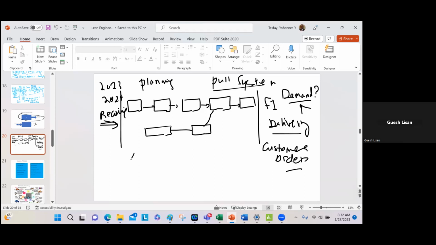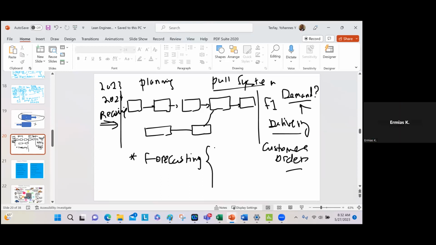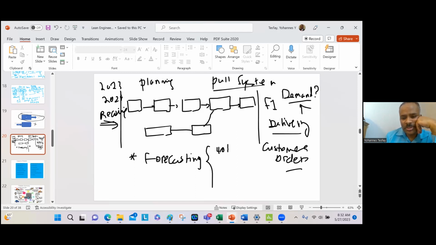Forecasting, okay. Forecasting is done, that's what it is. How do you forecast it? One, how much money is in the industry? Let's say 40 billion USD in the industry.